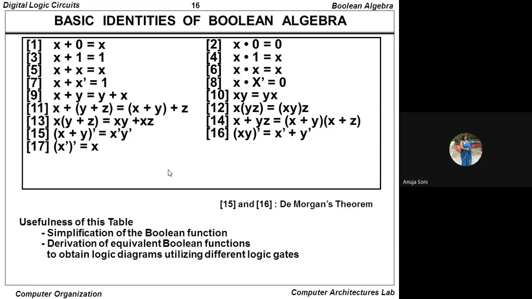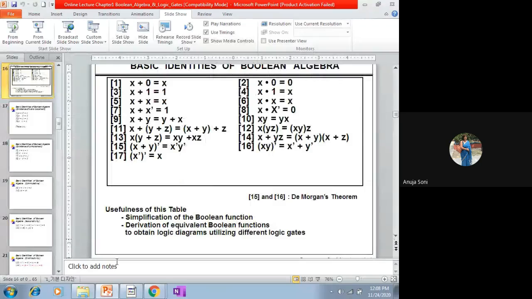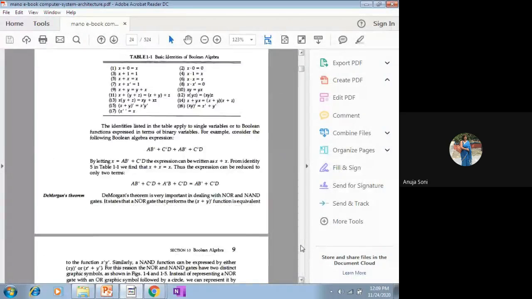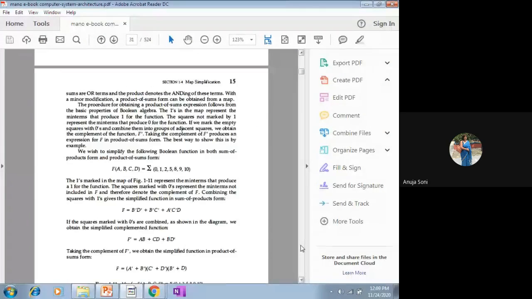Now we come to the next topic, that is the basic identities of Boolean algebra. First of all, I would like to come to the back exercise of the book. We come to the back exercise of the first chapter.